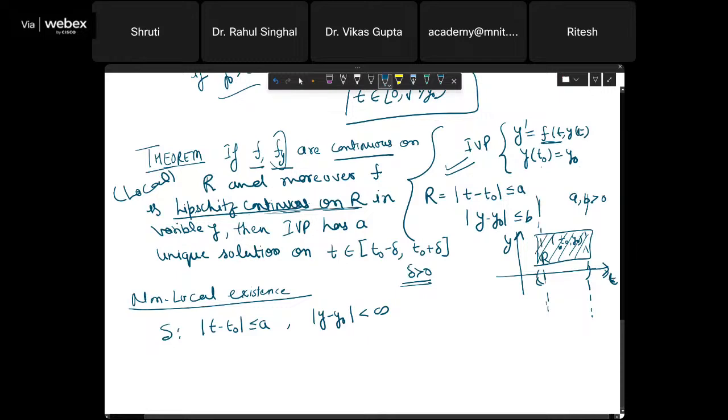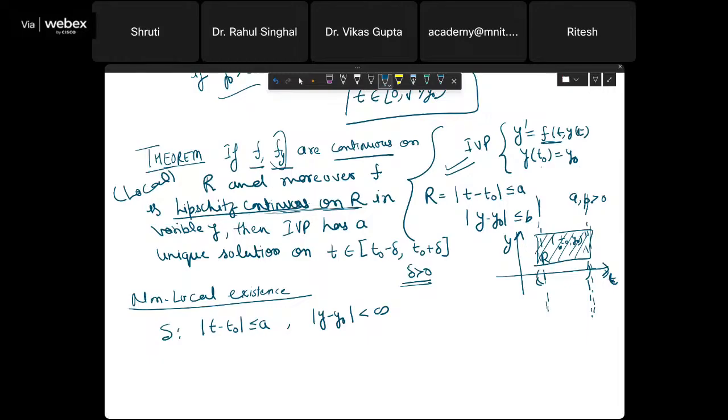Here our domain S will be a strip. Over this strip also we can assure the existence of the unique solution of this initial value problem, under the condition that f is continuous and also Lipschitz continuous. These two conditions guarantee the existence of the solution on this entire strip S, and this is called the non-local existence. So this is the idea.